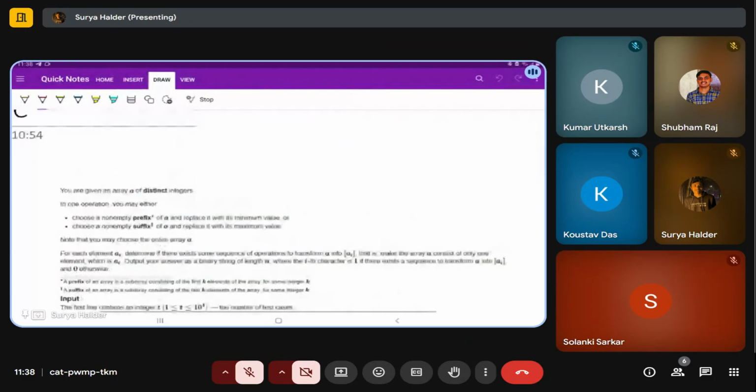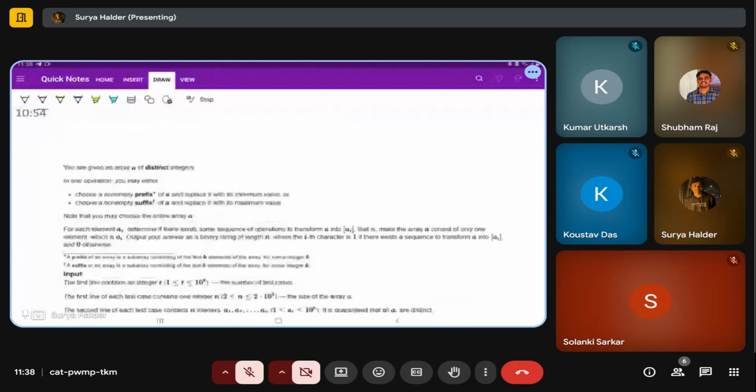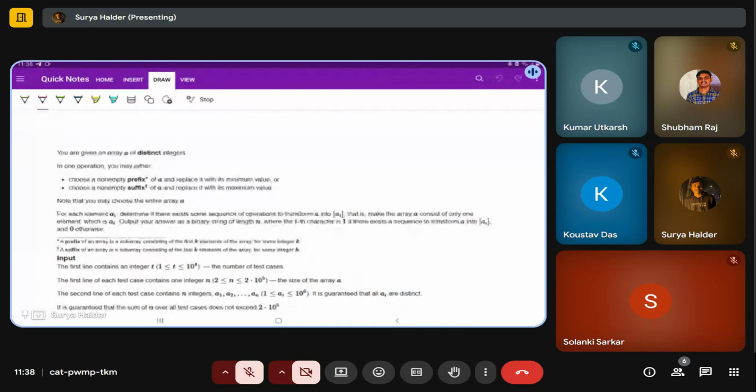So the next question states that there is an array A of distinct integers. In one operation, we may choose a prefix and replace it with the minimum value. Means prefix will be replaced with minimum among.